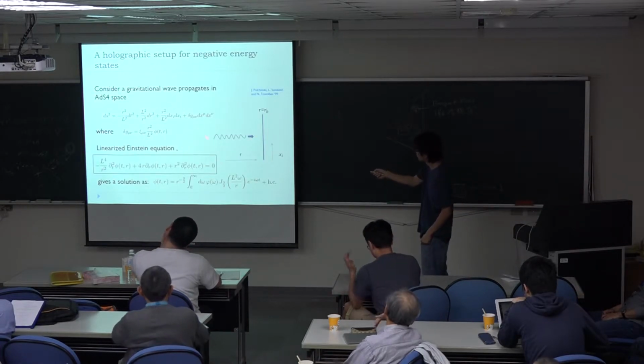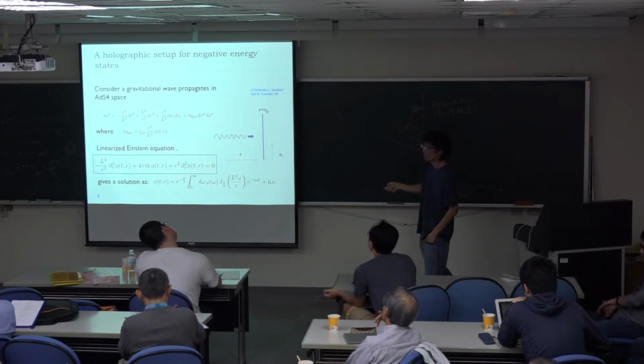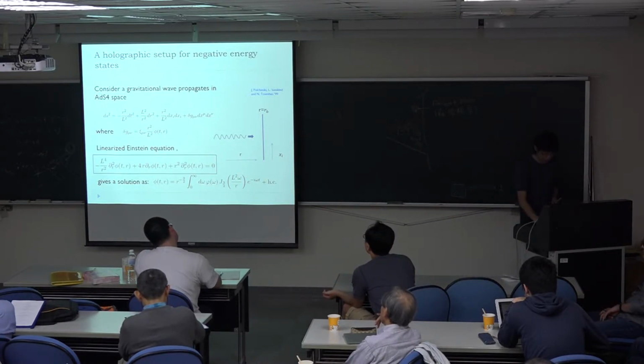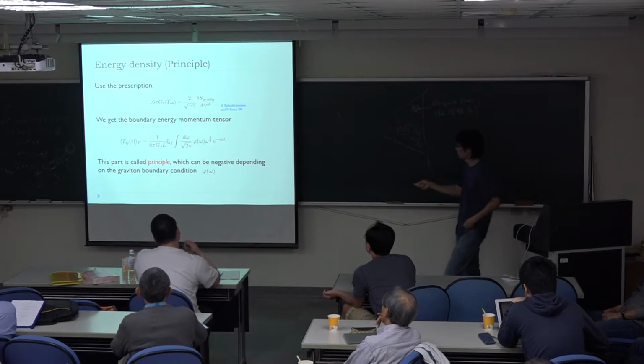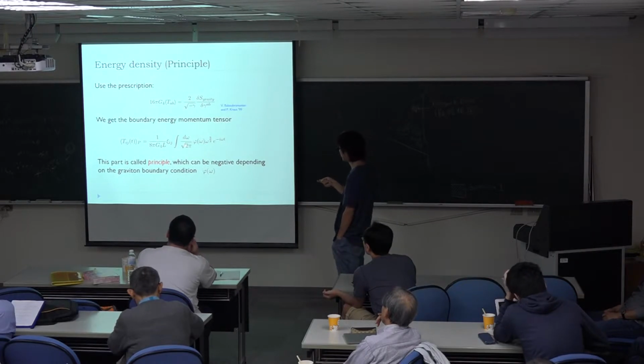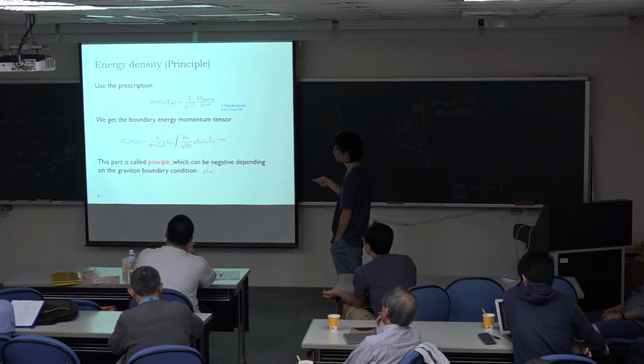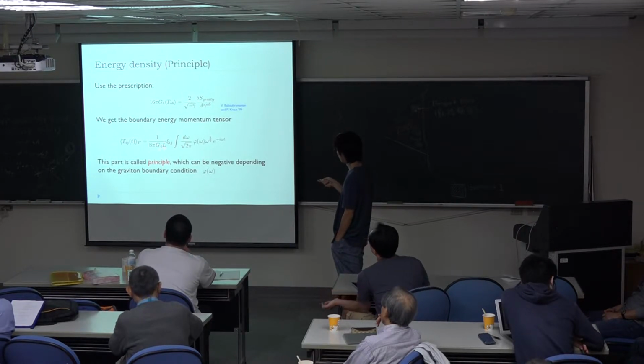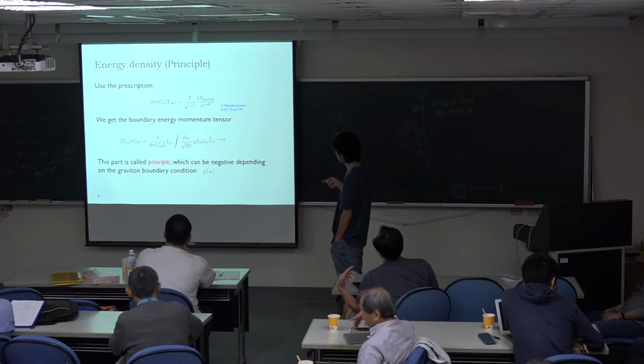So use this metric with this gravitational wave perturbation, and you can calculate the energy momentum tensor for the boundary theory. So this is the answer. G4 is the AdS4 gravitational constant, and L is the radius of curvature.